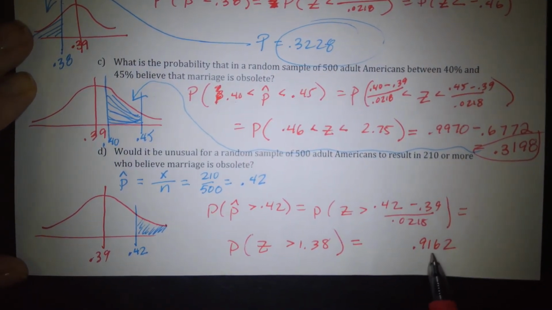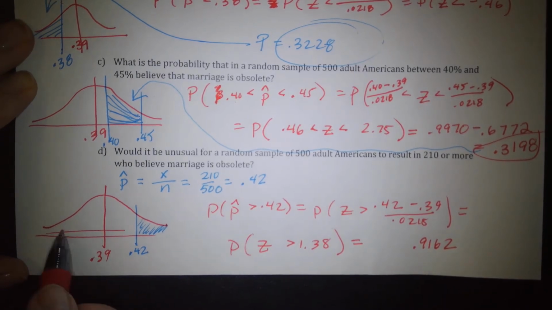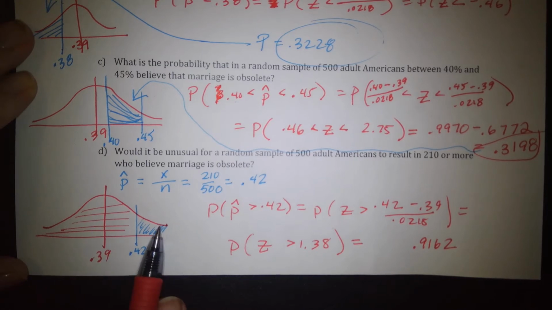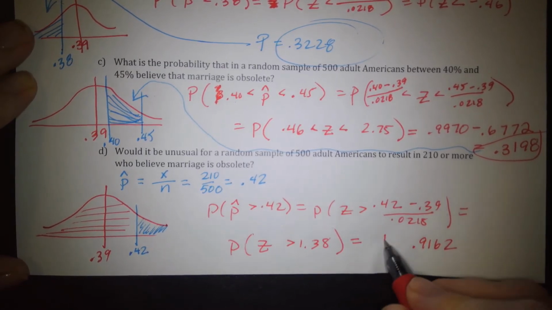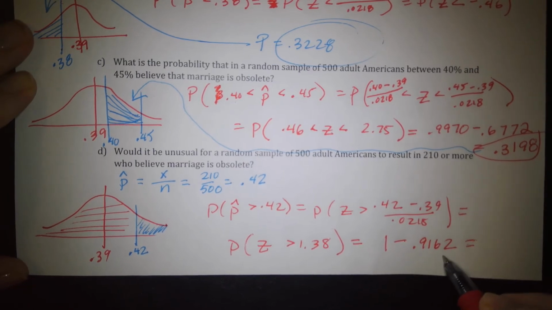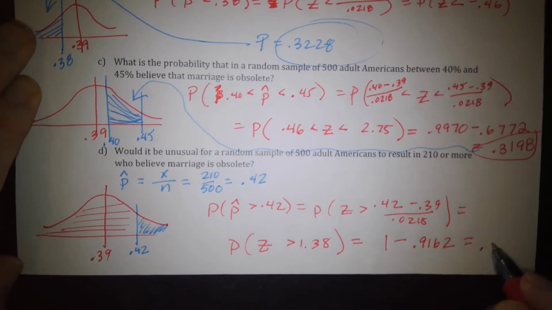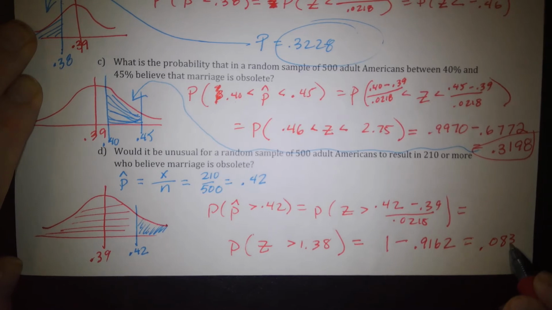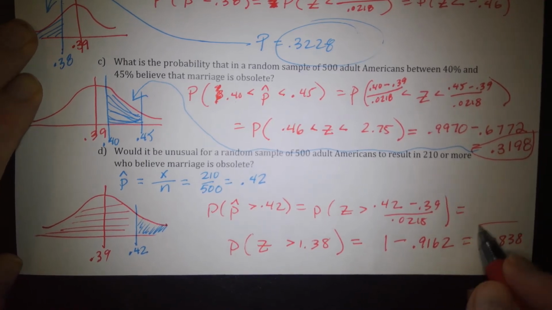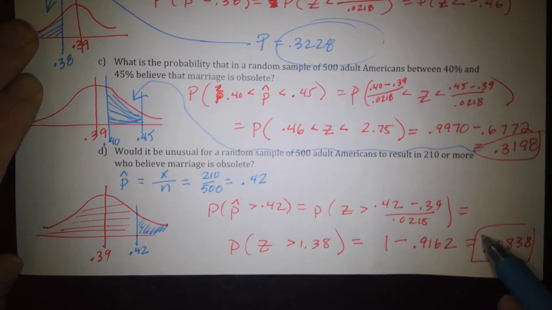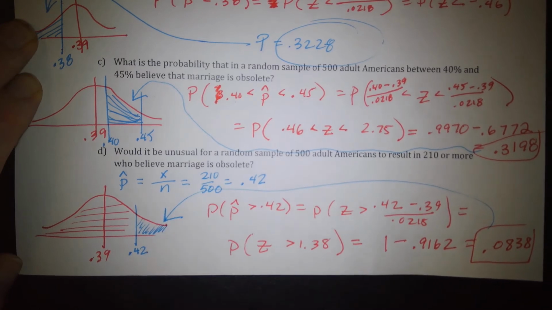Now remember, that probability is to the left of a line. I don't want the left-hand side, I want the blue shaded area. So to find the right side, I have to subtract 1 minus that probability, which gives me a probability of 0.0838. So this is the probability of that blue shaded area.